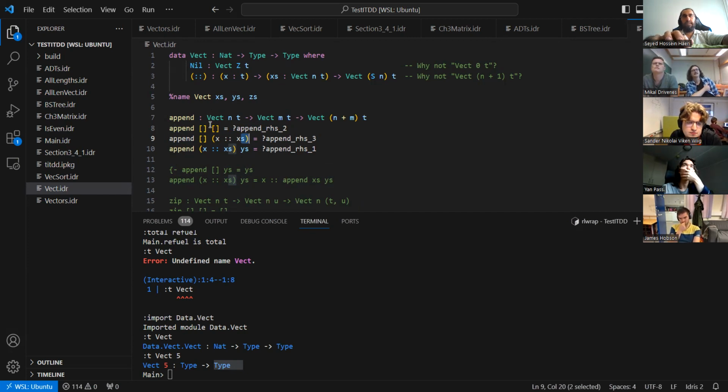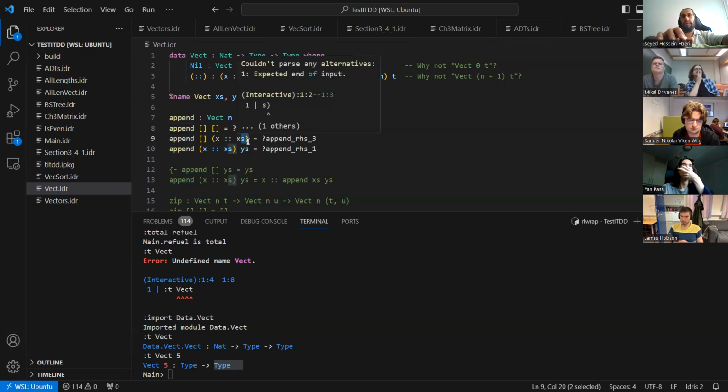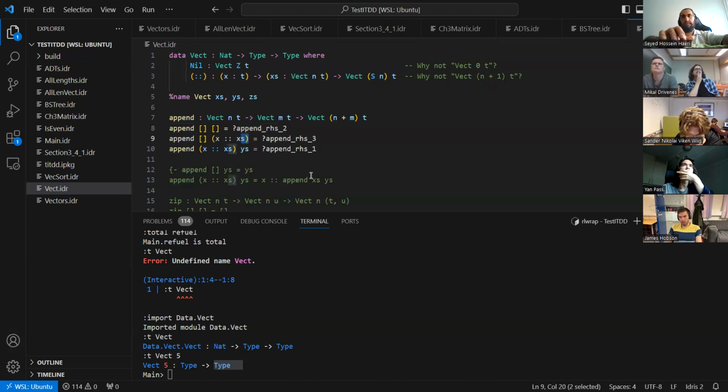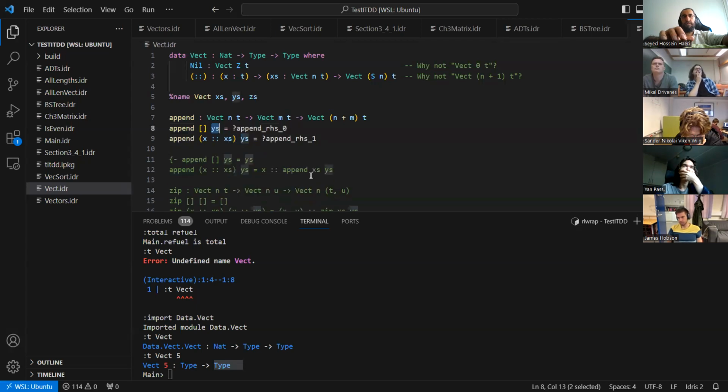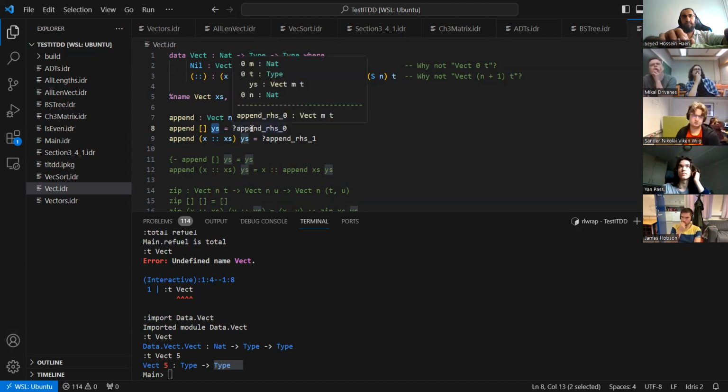Because appending an empty vector to everything will anyway be that thing. Oh yeah, that's true. So we have this, and then search expression on the first row.